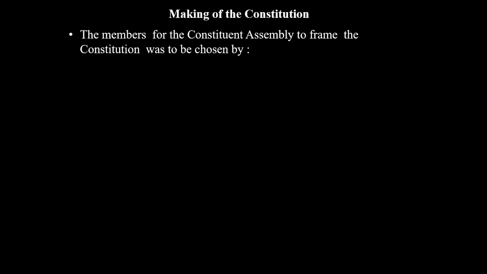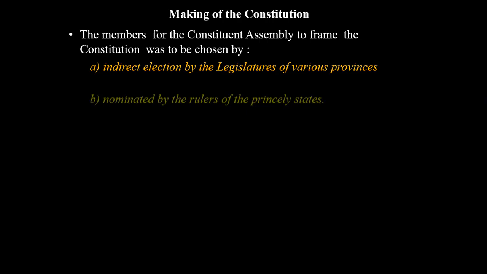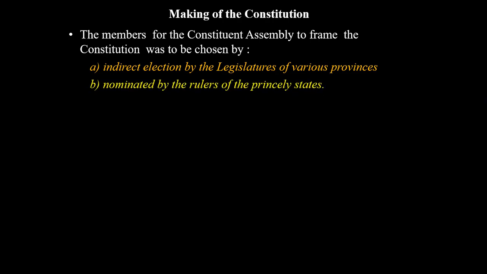The cabinet mission proposed to set up a constituent assembly for framing the constitution, and the members of the assembly were to be chosen by indirect election by the legislatures of various provinces. Some members were also to be nominated by the rulers of the princely states.